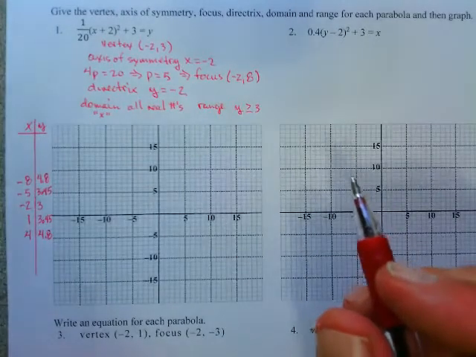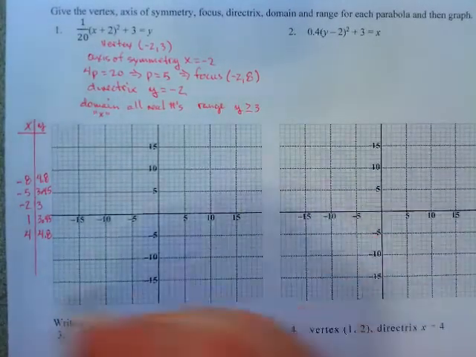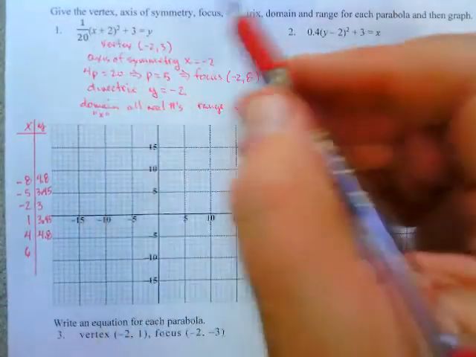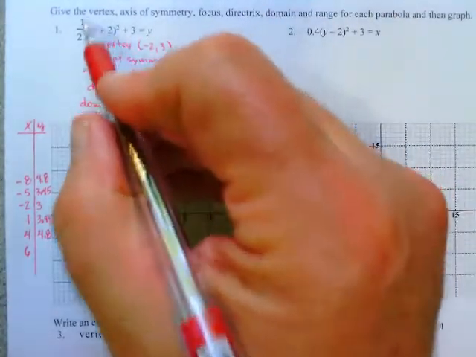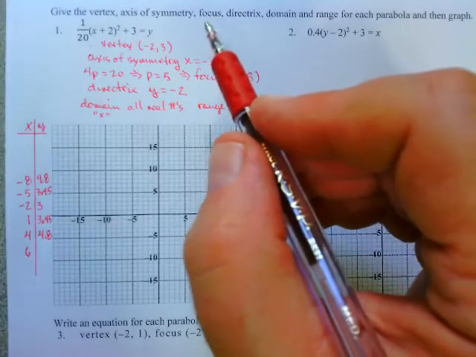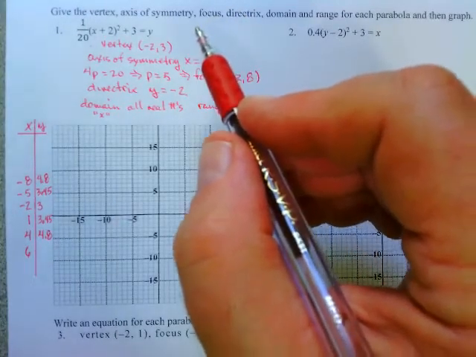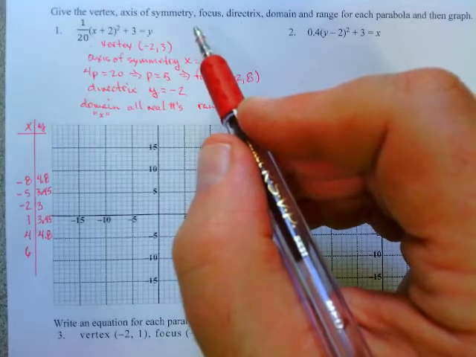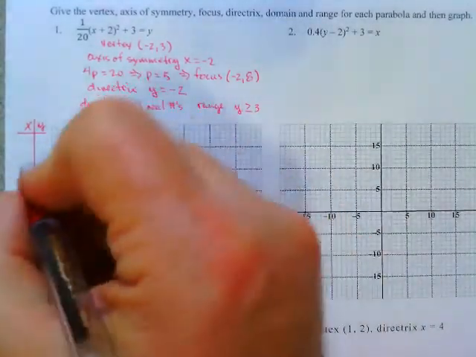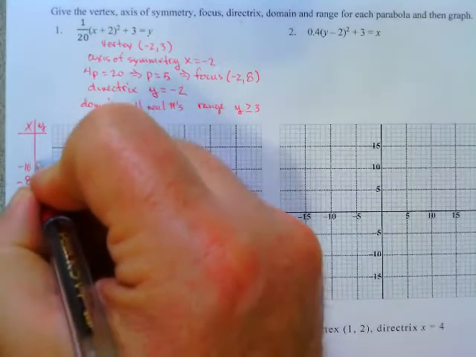And let's see, let's go to 6 now. So 6 and 2 is 8. 8 squared, 64. 64 over 20. We'll add another 3.2 plus 3, so that's 6.2. And so negative 10 is 6.2.